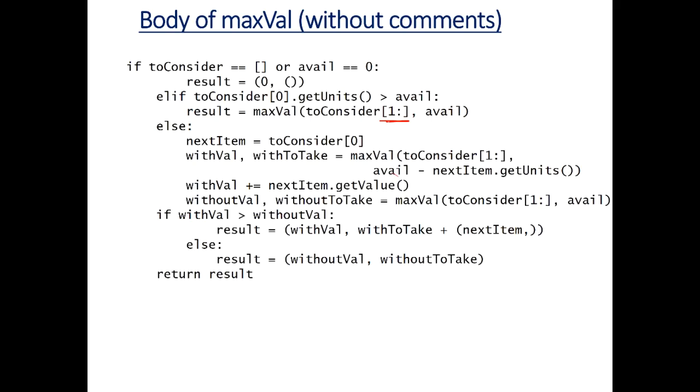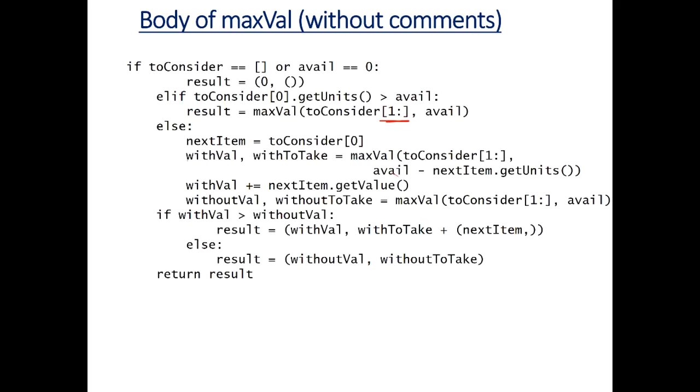Suppose it would fit in the knapsack. Then I have to consider 2 branches, the left branch where I take it and the right branch where I don't. So let's squirrel the value of to consider 0 away in next item. And first, we'll look at the left branch. So that's where I take it.